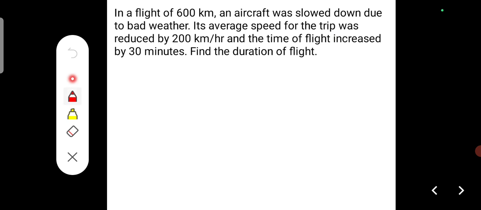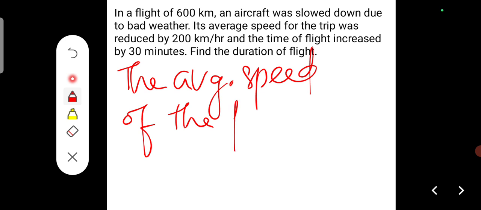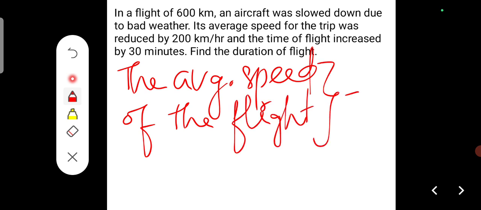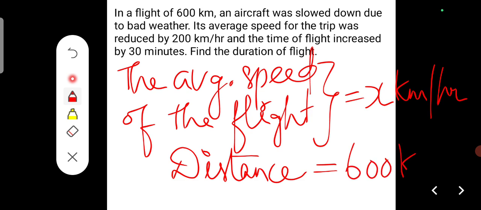So now we are going to take the usual speed, the average speed of the flight, as x kilometer per hour. And the fixed distance to reach the destination is 600 kilometer.